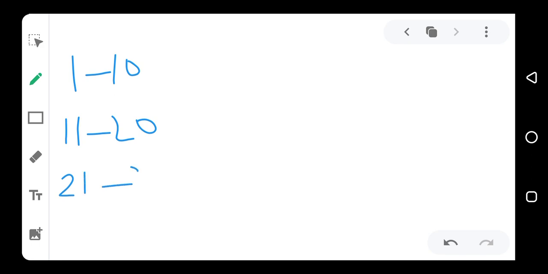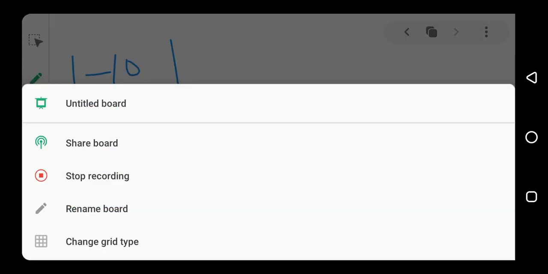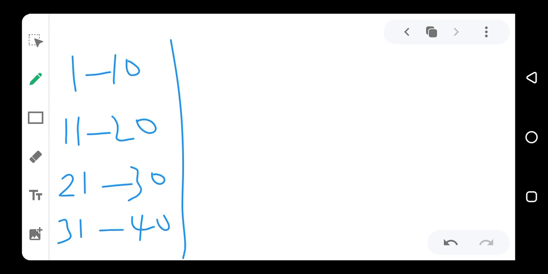If we are given this data, 1 to 10, and we may be asked to find the class interval.